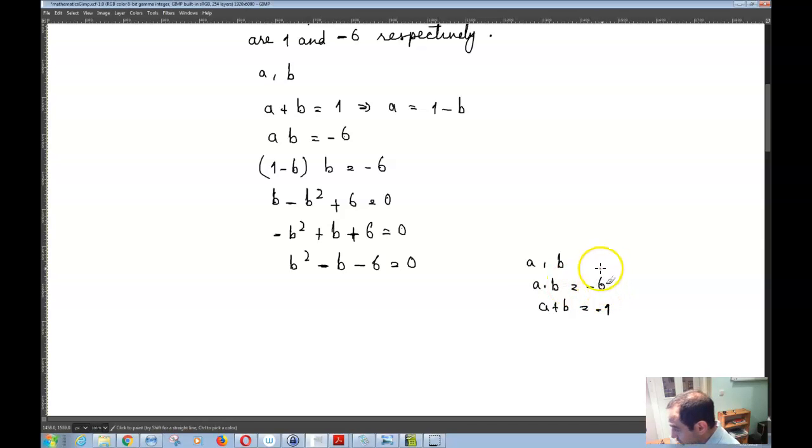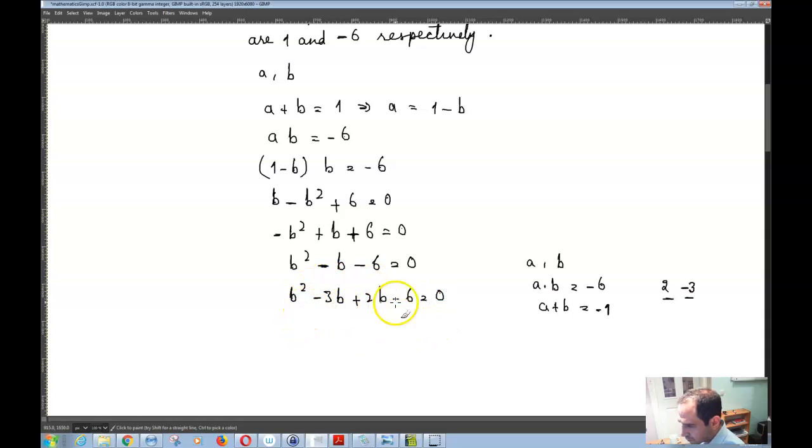So -6 could be 2 times 3, and you could put a negative sign over here. And so 2 times -3 is equal to -6, 2 minus 3 is equal to -1. So you have these two numbers. Now you can use these two numbers to rewrite this equation, meaning that B squared minus 3B plus 2B minus 6 is equal to 0.